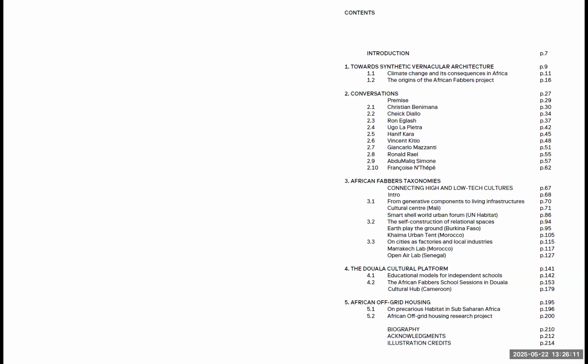So the first chapter is talking about the paradox of producing a very small amount of greenhouse gas emissions and being affected by extreme climatic issues.